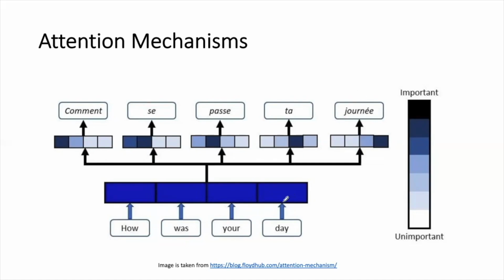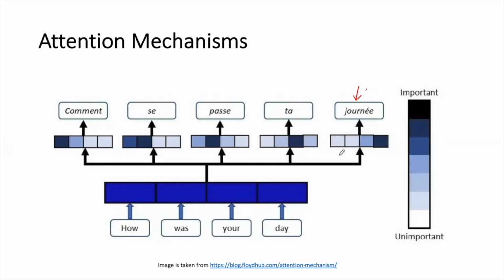Here, what any attention mechanism typically does is we try to give scores for different input words. Here we have 4 input words: How was your day? For each output word that we need to generate, we try to assign a score for each of the input words. So we'll have 4 scores here.